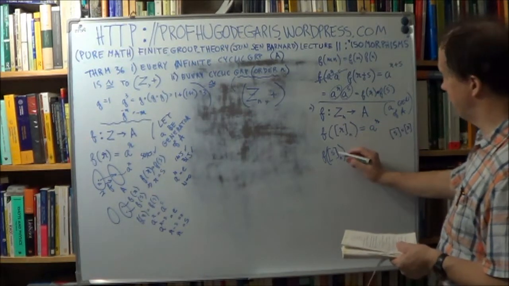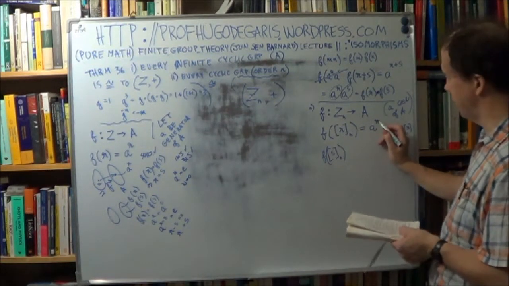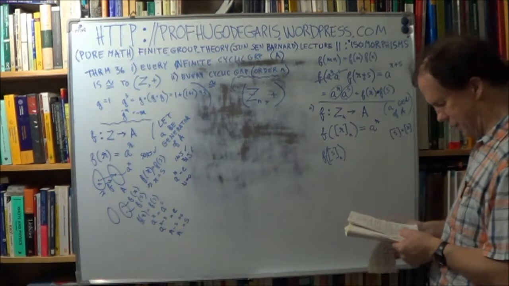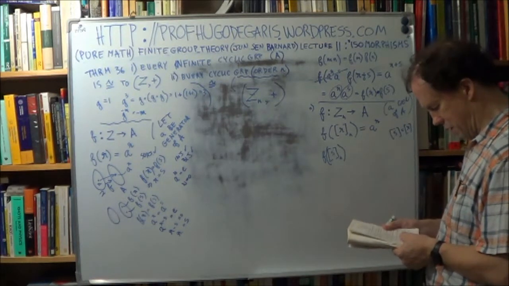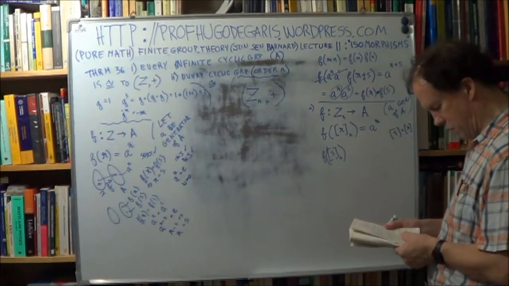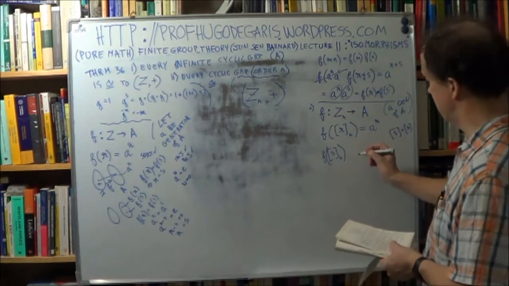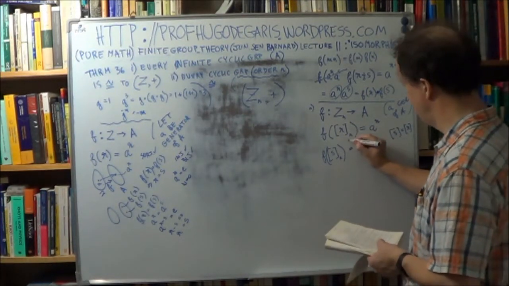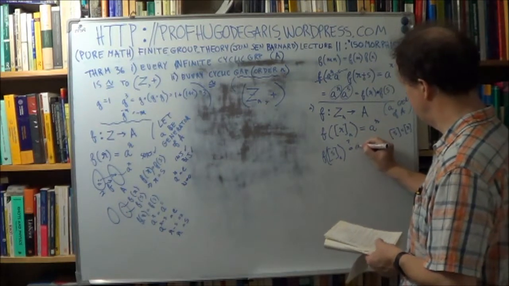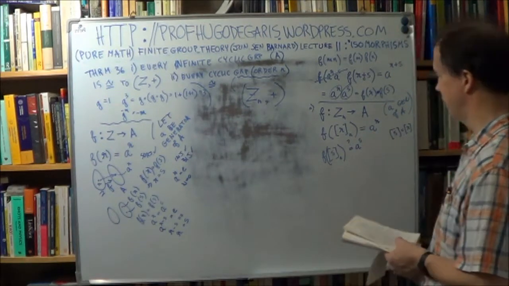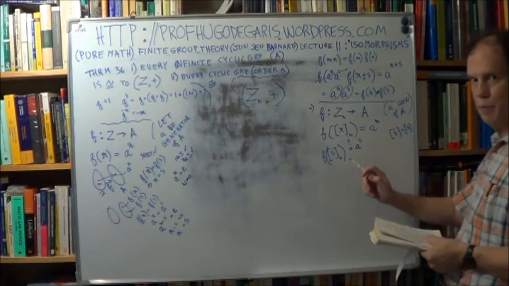Does it make sense if I do that? Would I get an S here? Will I get a to the S here? I mean, if I don't, I'm in problems, right?